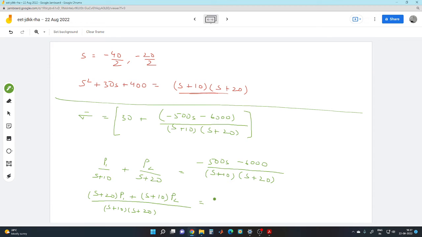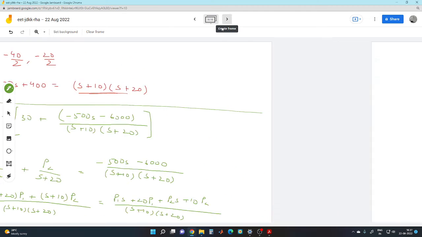This can be written as P1S plus 20 P1 plus P2S plus 10 P2 upon S plus 10 S plus 20.